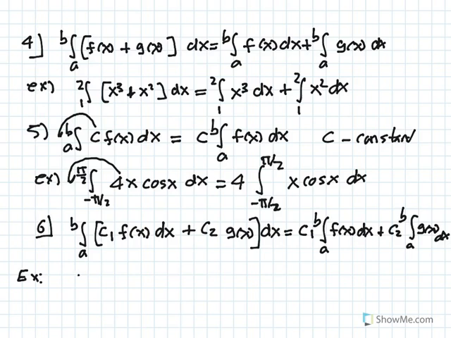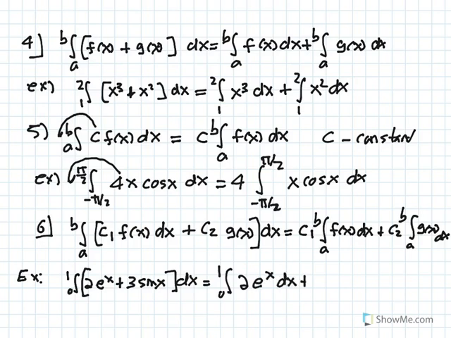We have the integral from 0 to 1 of 2e to the x plus 3 sine x dx. That's going to be equal to the integral from 0 to 1 of 2e to the x dx plus the integral from 0 to 1 of 3 sine x dx.